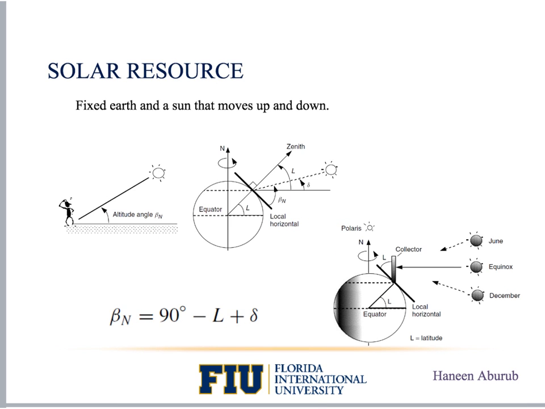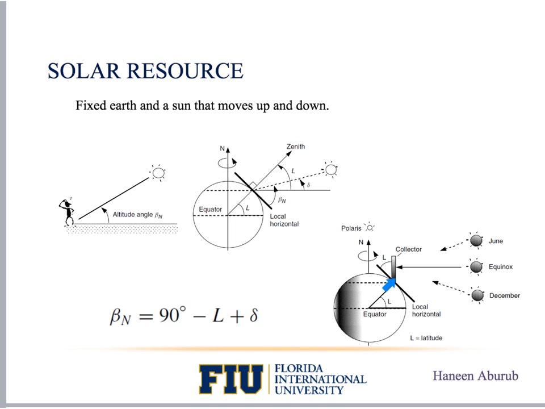Now in the northern hemisphere, facing a collector toward the equator means facing it south, like shown here. This is the south direction, and we tilt it up with an angle equal to the local latitude. So L is the local latitude, which is used to tilt our collector from the south position.